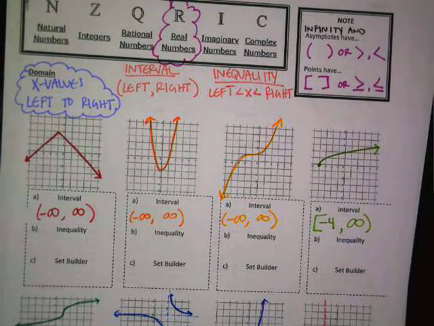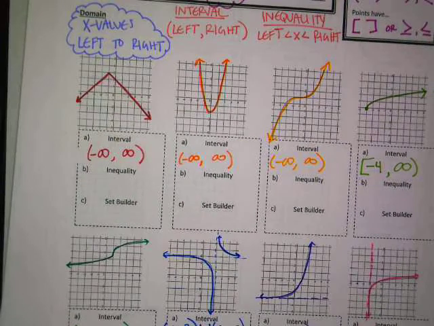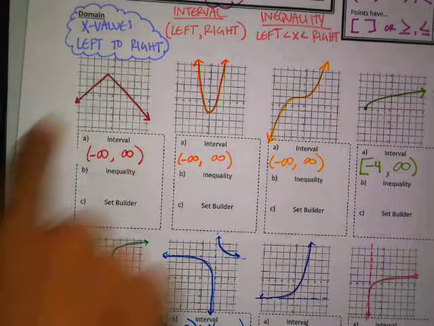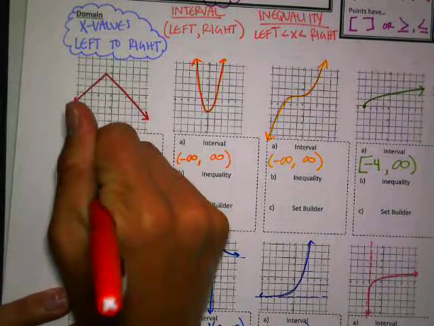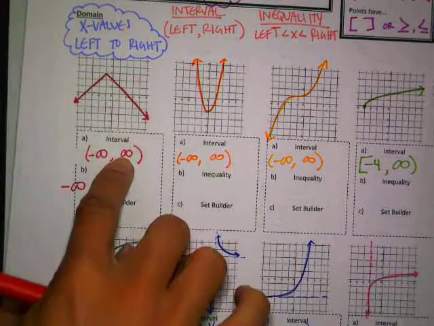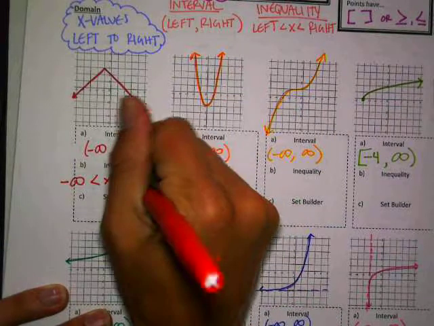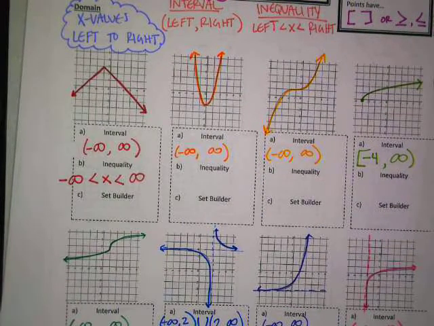Okay, so let's do the first one. I went negative infinity to the left because my graph is going negative infinity to the left. So I say negative infinity is less than x, is less than, and then we're going positive infinity to the right.